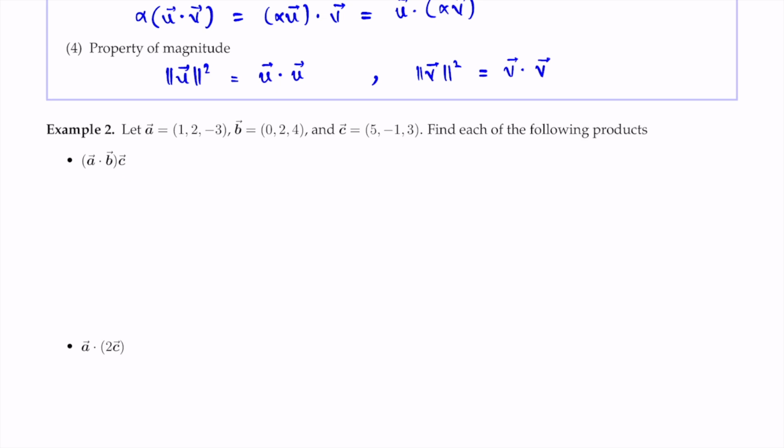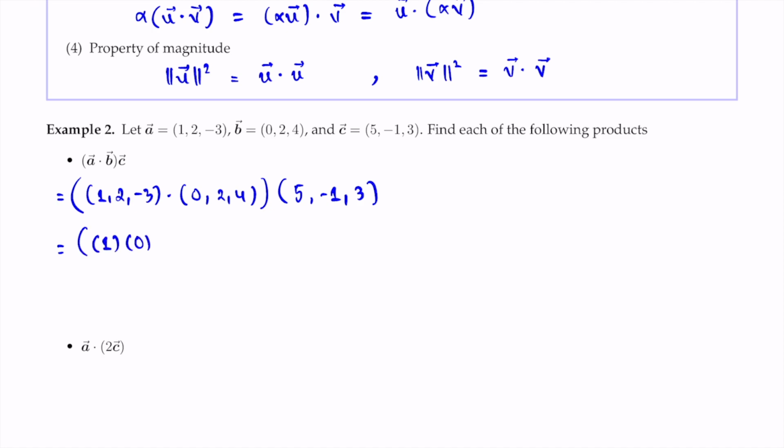So first, a dot with b, right, you get the vector 1, 2, -3, dot with vector 0, 2, 4, and then you're going to multiply with vector c, 5, -1, 3. So inside the parentheses, you get the dot product, and you get 1 times 0 plus 2 times 2 plus -3 times 4, multiplied with 5, -1, 3.